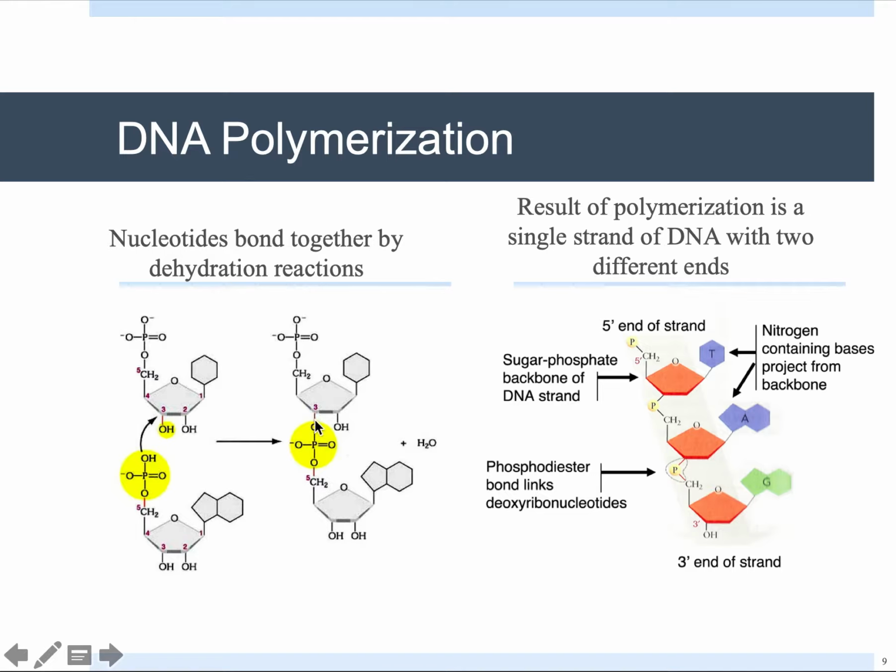So you have the 3 carbon attaching to the phosphate, and it's the phosphate that is connected to the 5 carbon of the other nucleotide. And this is how it appears. So you have the backbone made up of phosphodiester bonds. So that's 5 here, that's 3 here. I'll explain why we have 5 and 3. And then you have the nitrogenous bases that are attached to the 5-carbon sugar.